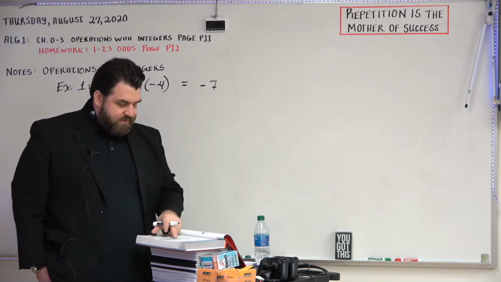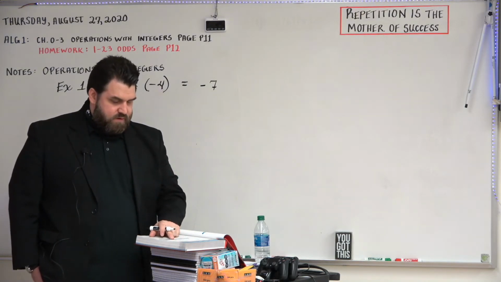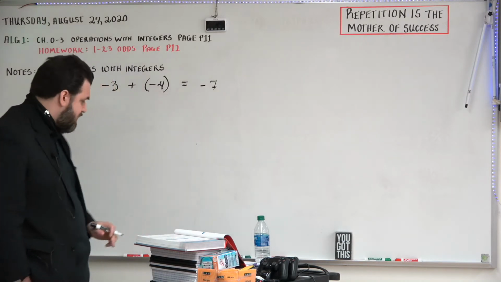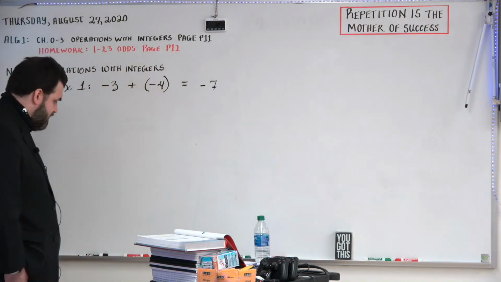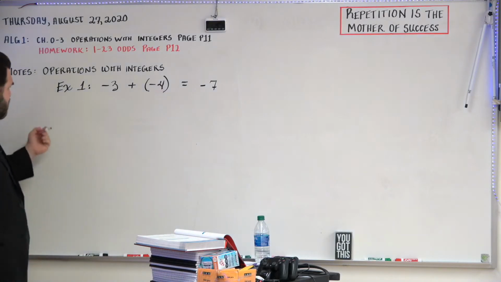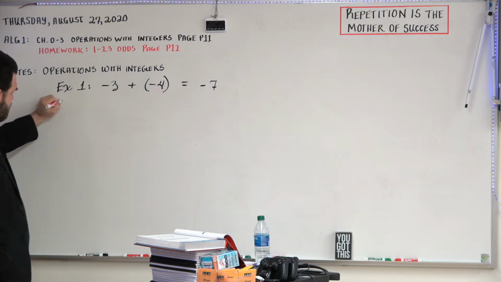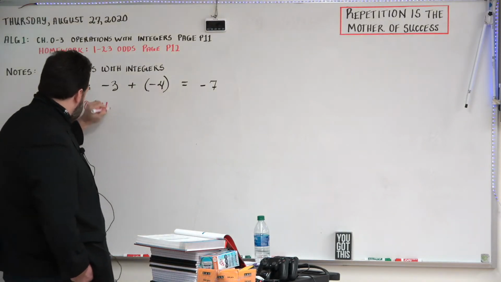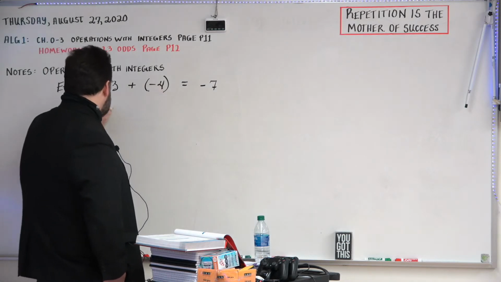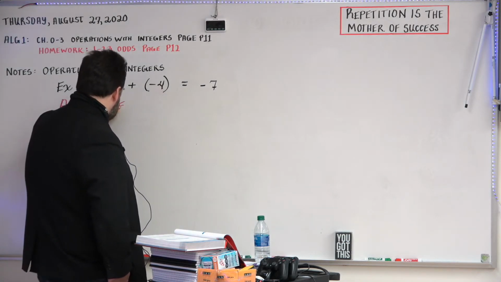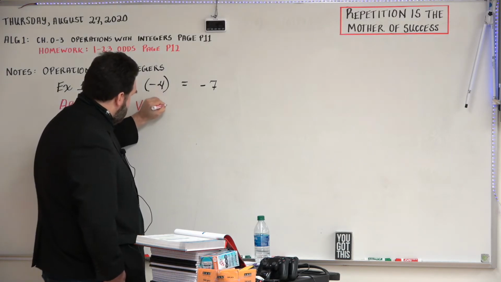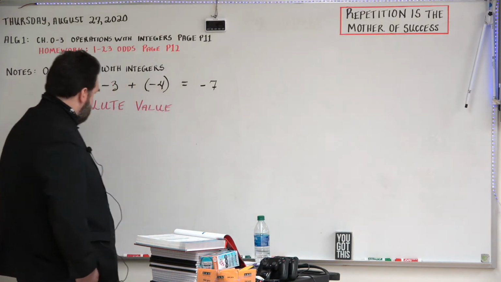Okay, now down here there's a noun phrase highlighted in yellow. And that noun phrase is important. It is called absolute value. ABSOLUTE, absolute value, VALUE.